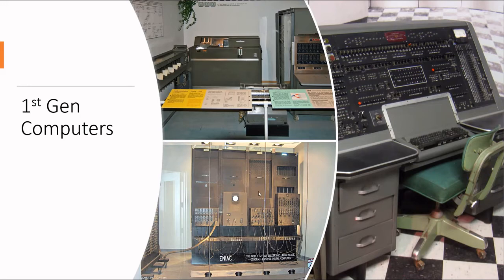This is a very powerful computer that they had in the first generation. Next, we have the UNIVAC computer on the right side. This is also a first generation computer, and the one on the top is the IBM 650.